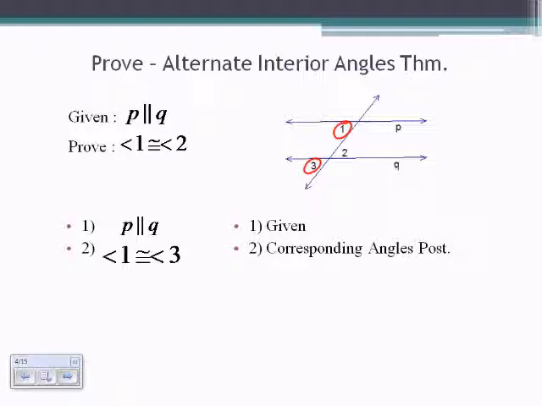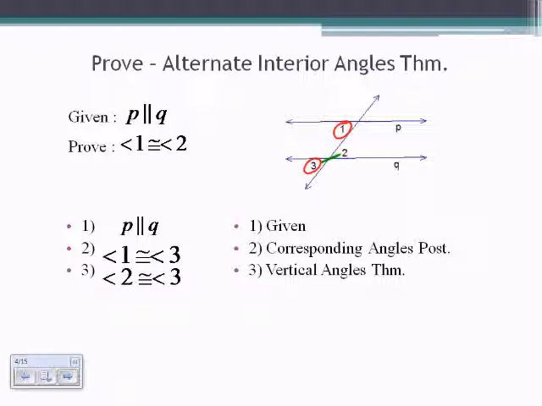Now we can also note that the relationship between angle 3 and angle 2 is a vertical angle set, and we know that vertical angles are congruent. So we can state that angle 2 and angle 3 are congruent by the vertical angles theorem.